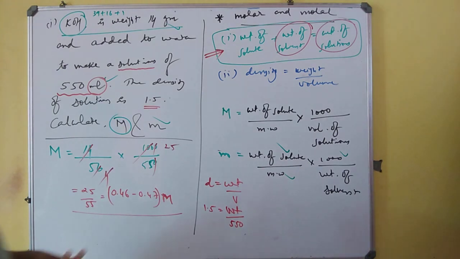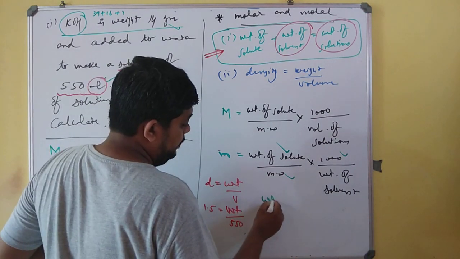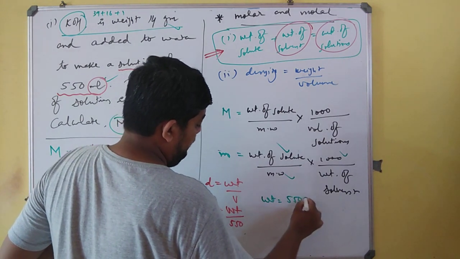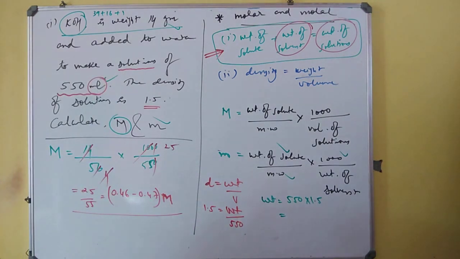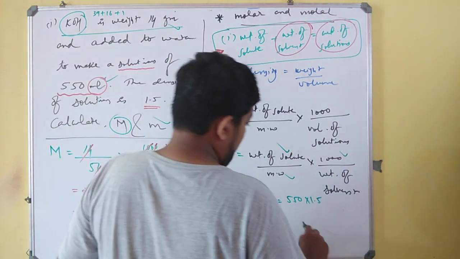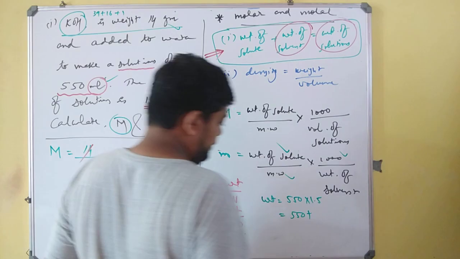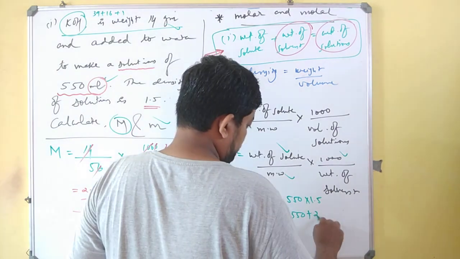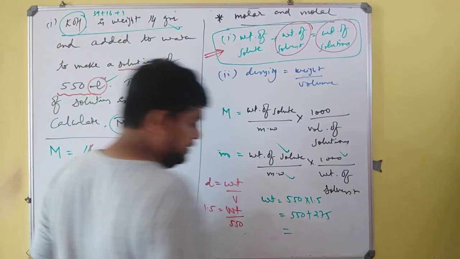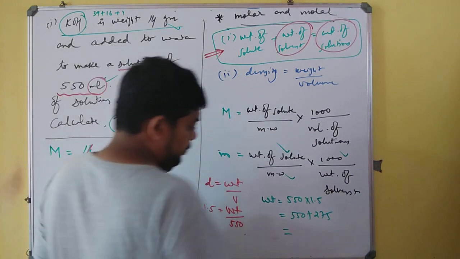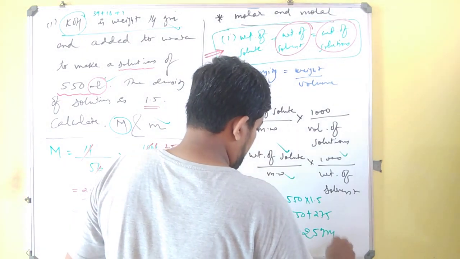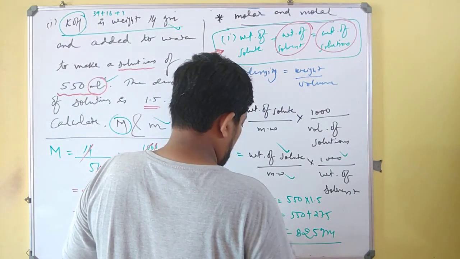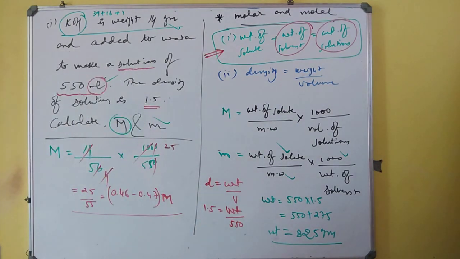So weight will be 550 into 1.5, and when we have this, we will end up writing 550 plus 275. This is a simple calculation that I am doing, and I'll end up with 825 gram of weight of solution.